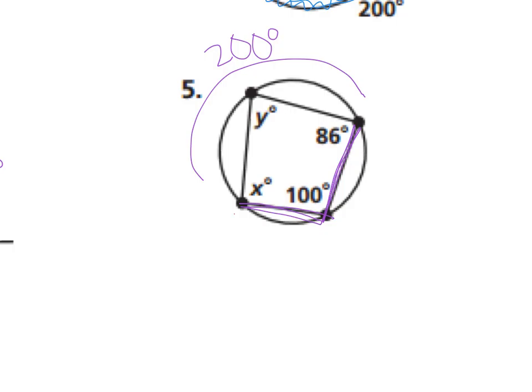So the rest of the arc, for it to be a circle all the way around, this arc has to be 160 degrees. So therefore Y has to be 80 degrees. And now I can use that on the inside here makes a quadrilateral. So this plus this plus this plus this has to add up to 360. So X has to be 74.